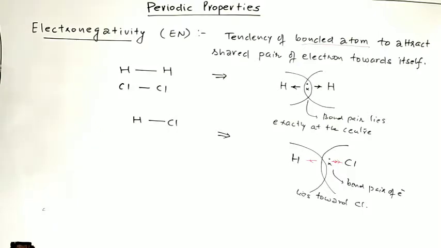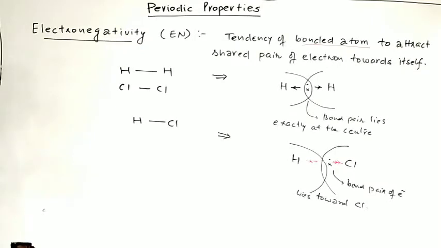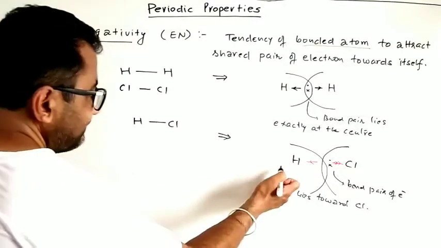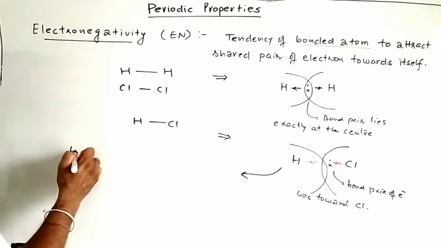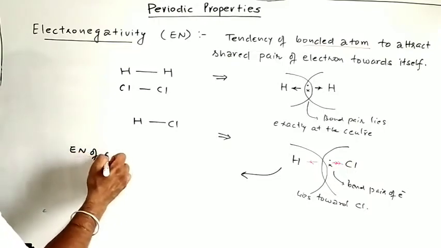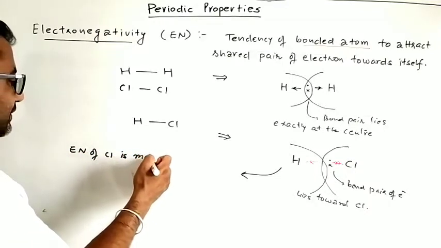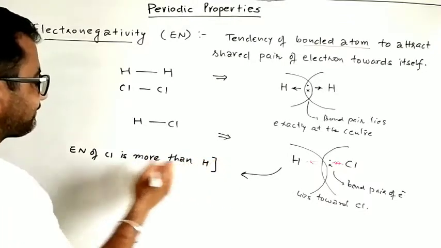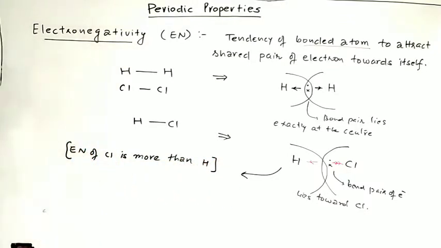So this tendency of a bonded atom to attract the shared pair of electrons toward itself is called electronegativity. Now from this we can conclude that the electronegativity of chlorine is more than hydrogen, isn't it?